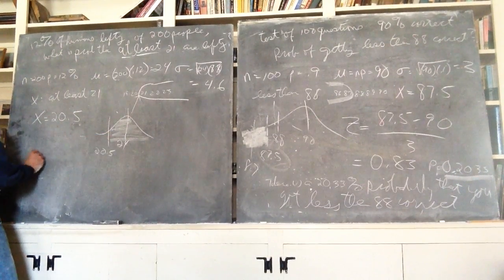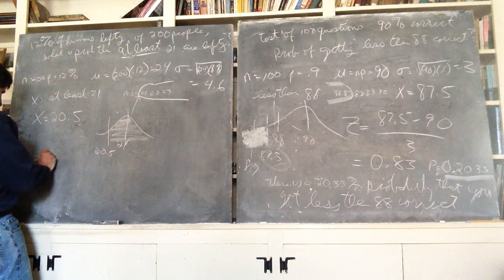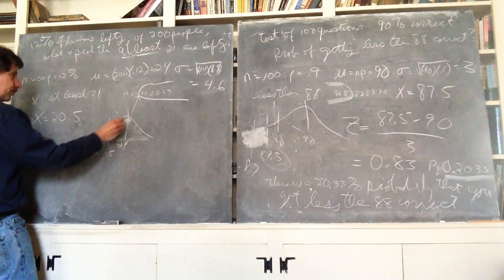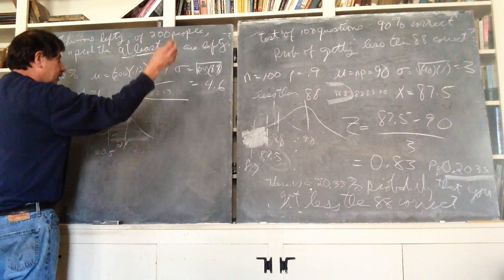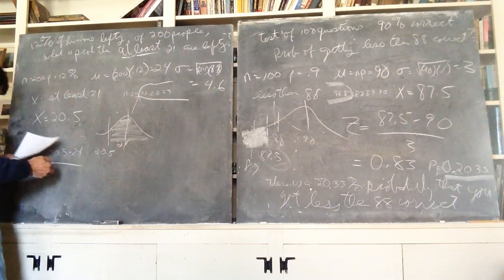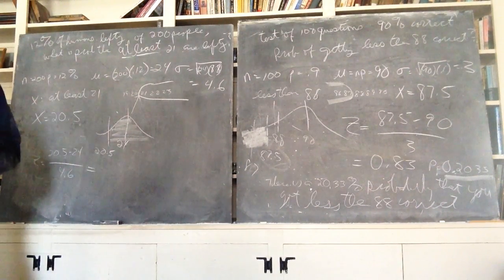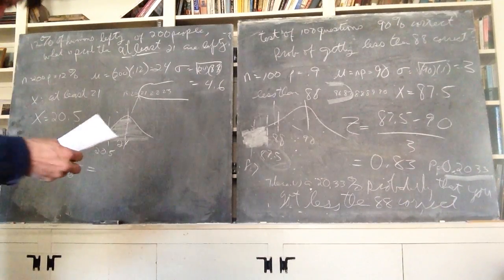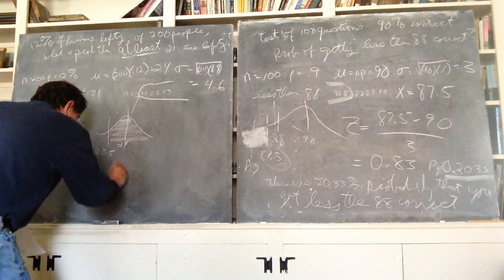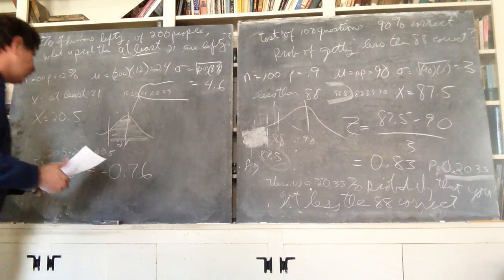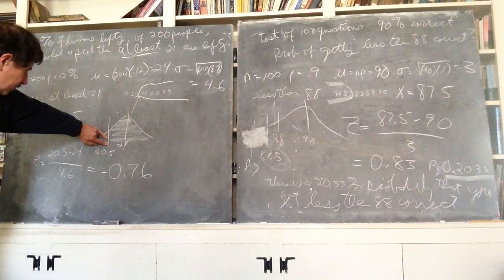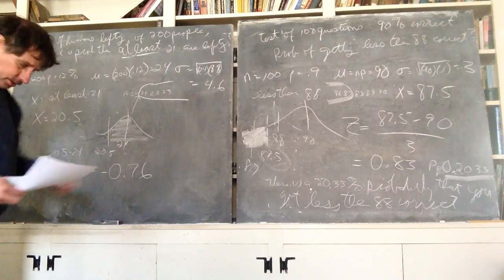The Z value then is 20.5 minus the mean, 24, over 4.6, and I got that Z value to be 0.76. It's negative, of course, but I'm just not going to look up a positive.